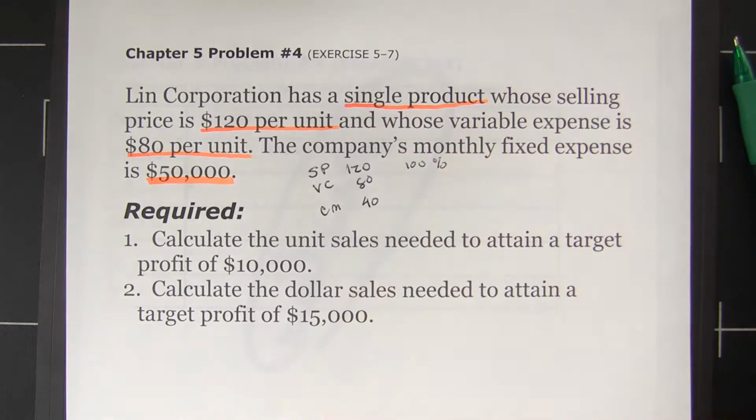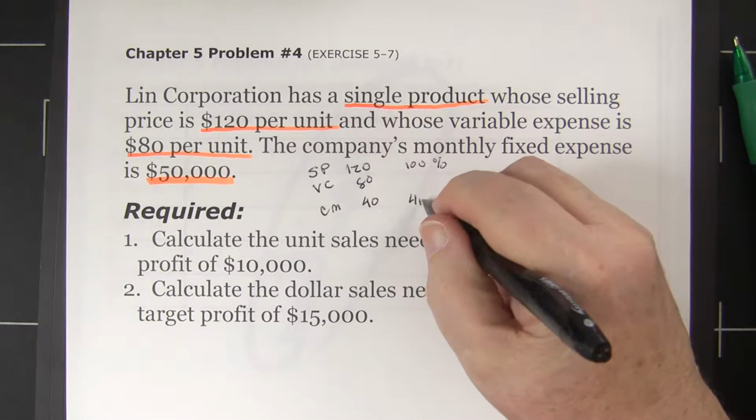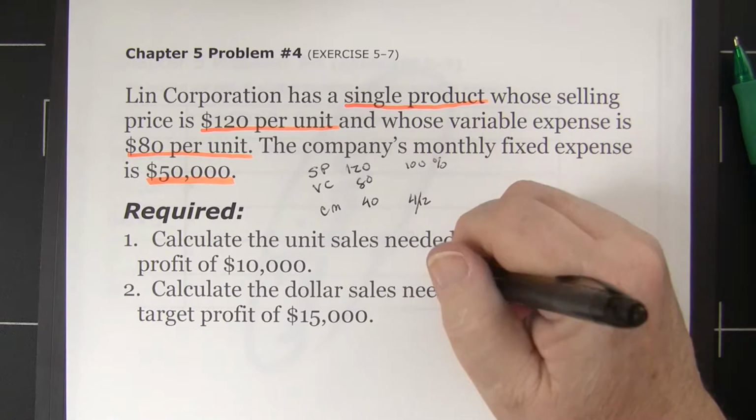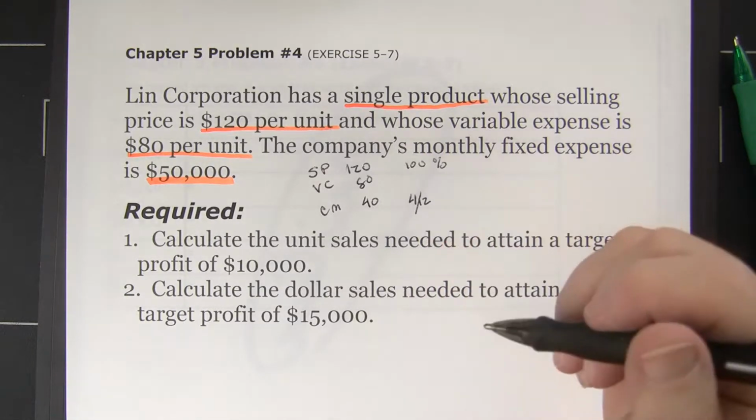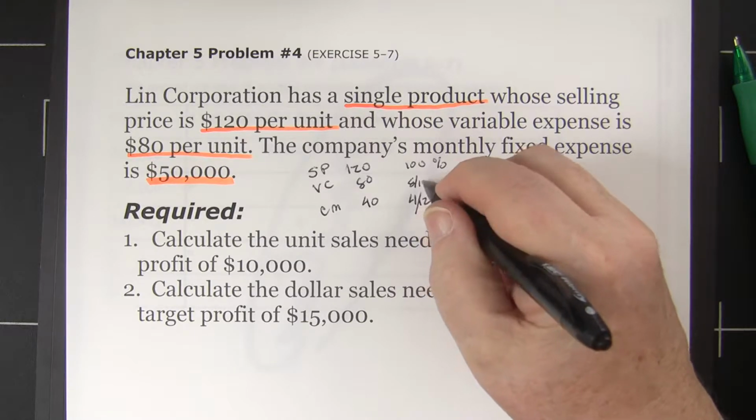My selling price is 100%. It always is. My contribution margin is 4/12, and my variable cost is 8/12.